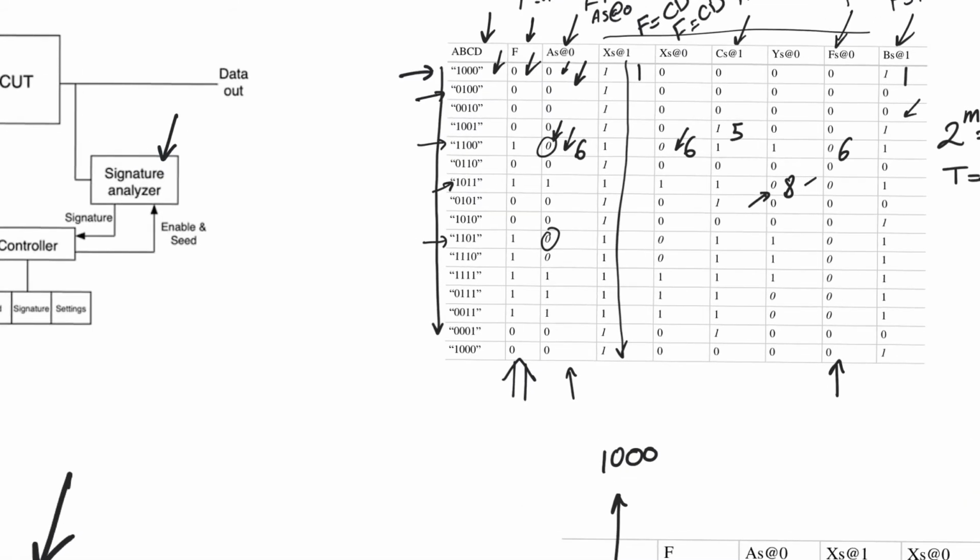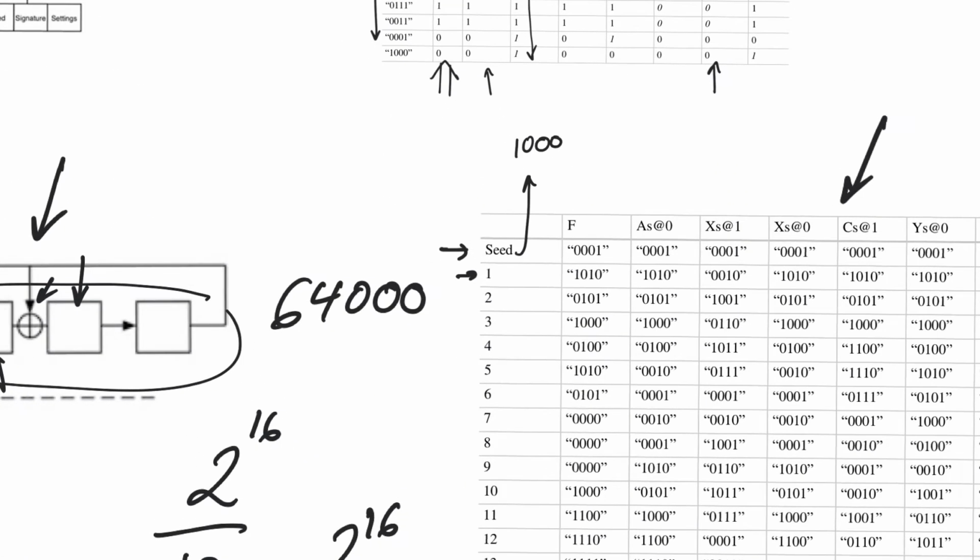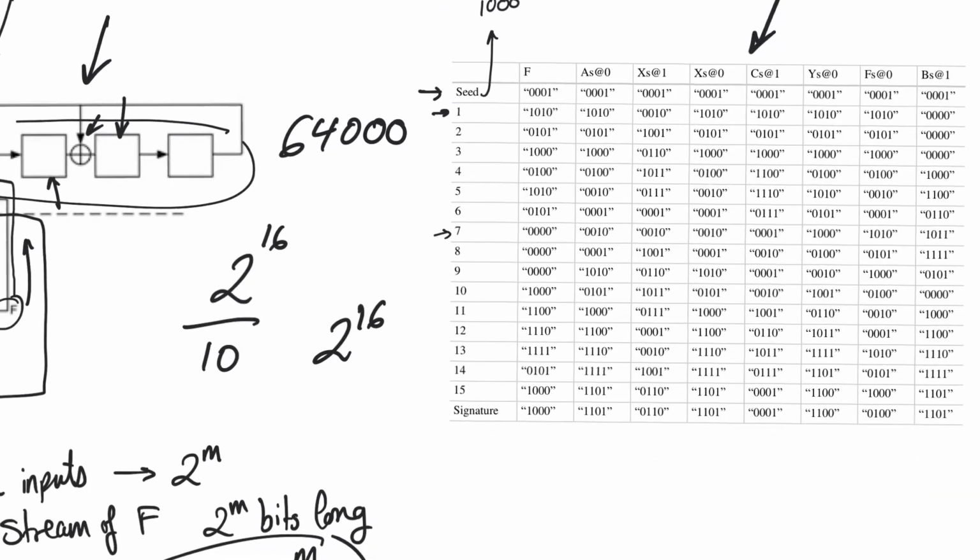And so cycle number 8 here is going to be number 7 in this case, because the first cycle is counted as the seed. And so we're going to apply a number of cycles, and at the end, at the 16th cycle, what remains in the shift register is going to be called the signature.